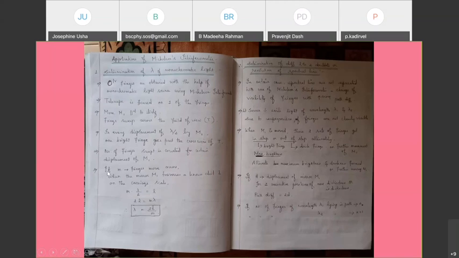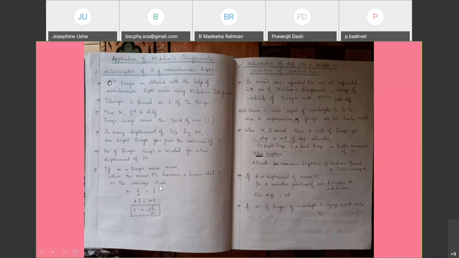Say m is the number of fringes that move across when the mirror M1 traverses a known distance l on the carriage scale. Then the formula is m into lambda by 2, the displacement of M1, equal to the known distance l.